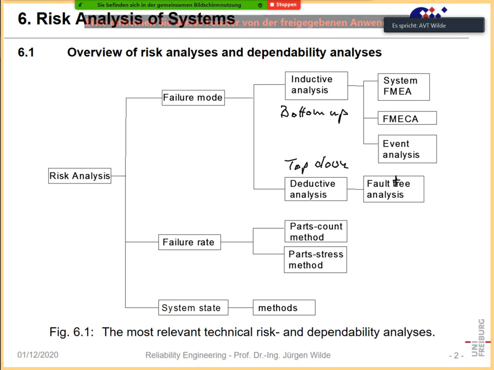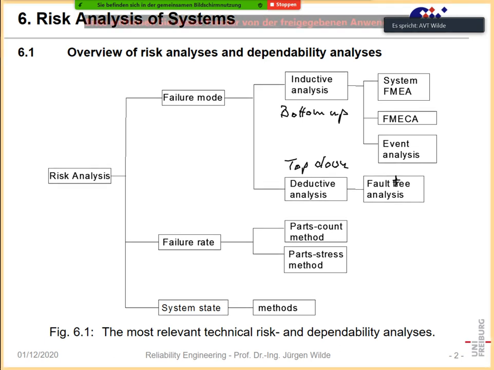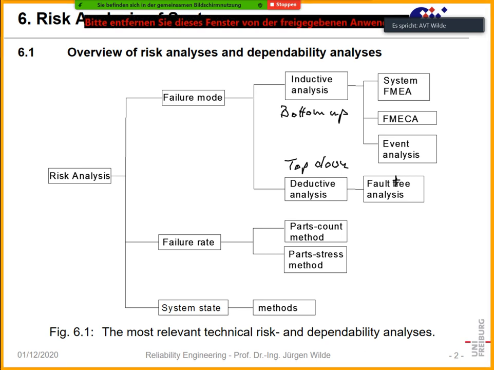And then there are system state methods. So these methods help you in the detection of the evolution of some fault or failure, and mainly for systems where the system state can change between several possible states.